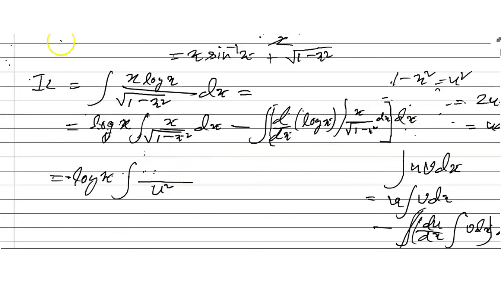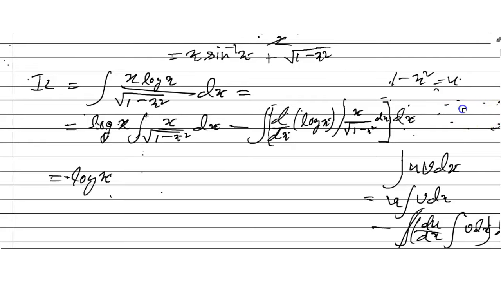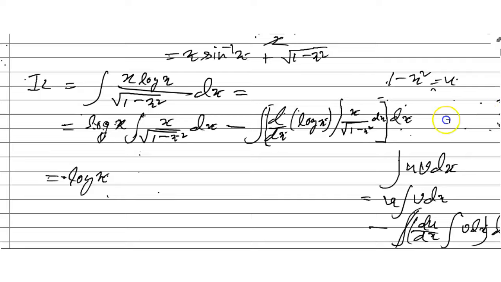Now the process is going here that 1 minus x square is equal to u. So what we get here, minus 2x dx is equal to du. So it is divided by 2, and u to the power half minus half plus 1.